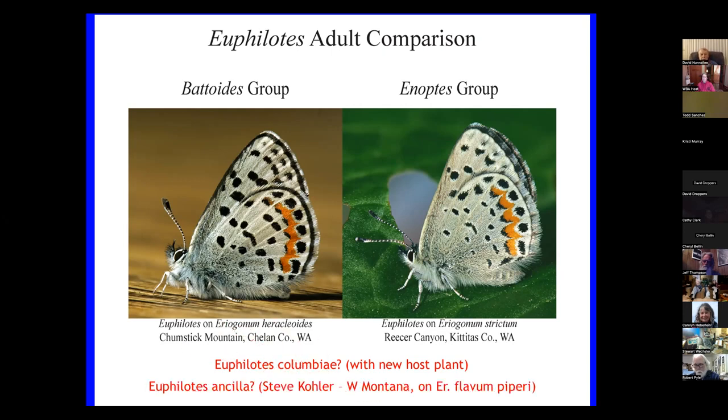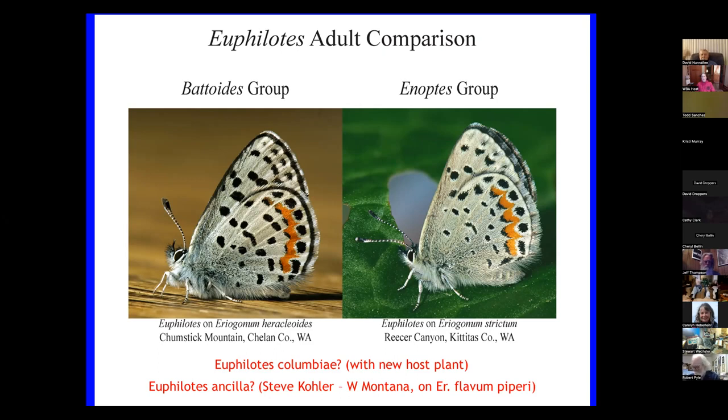But another possibility, Steve Kohler is a lepidopterist who lives and works in Montana, and he's identified Euphilotes ancilla, a different type of butterfly that we have not found in Washington. He has found ancilla on the very same, not just the same species of buckwheat, but the same variety. That's Eriogonum flavum variety piperi, as you see in the bottom right. That's the very same variety that we have there in the Blue Mountains. So it's a possibility that this could represent a new species.